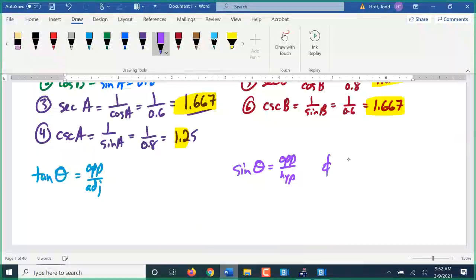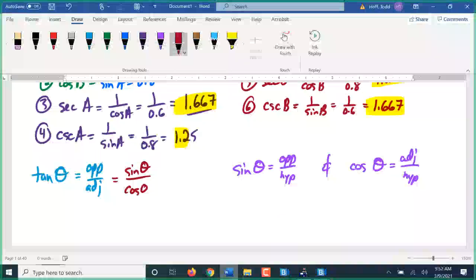And the cosine of an angle is equal to the adjacent side over the hypotenuse. So if I combine those two functions, sine divided by cosine, what do I get? Actually, I probably shouldn't have put it there. Let me put it down here.